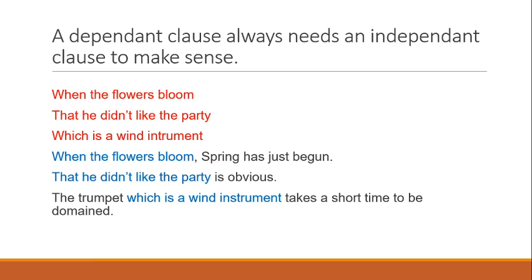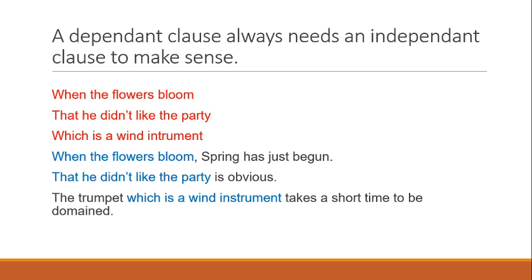Number two, a dependent clause always needs an independent clause to make sense. If we say "when the flowers bloom," "that he didn't like the party," "which is a wind instrument," that doesn't make sense, even though we have a subject and a verb. Why? Because dependent clauses by themselves don't have a complete meaning.